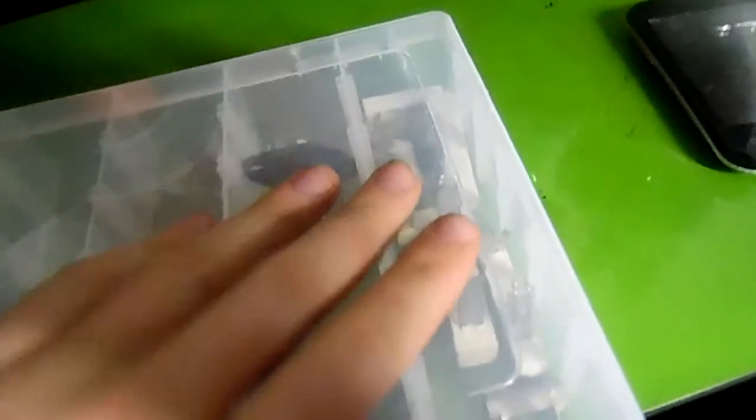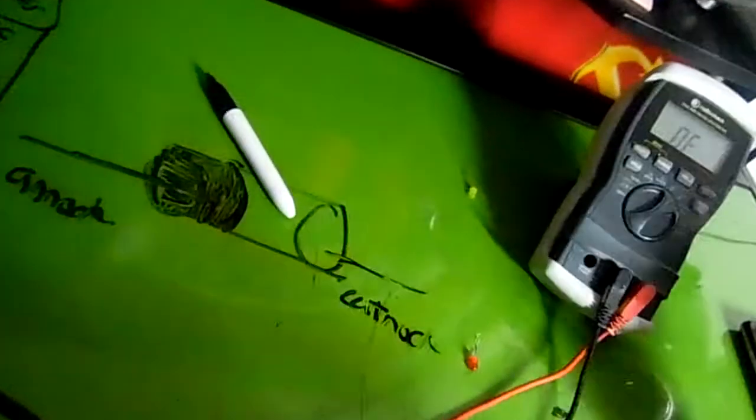Let me just get my multimeter out. And this may be part 1, you guys. It depends on how long it takes to upload this one. It's kind of hard to do with one hand. But see, this one has a diode check. That's the one with the little arrow. Now where's my large high voltage diode?